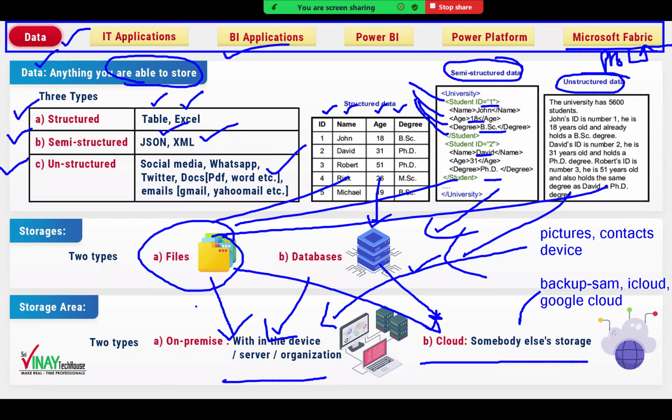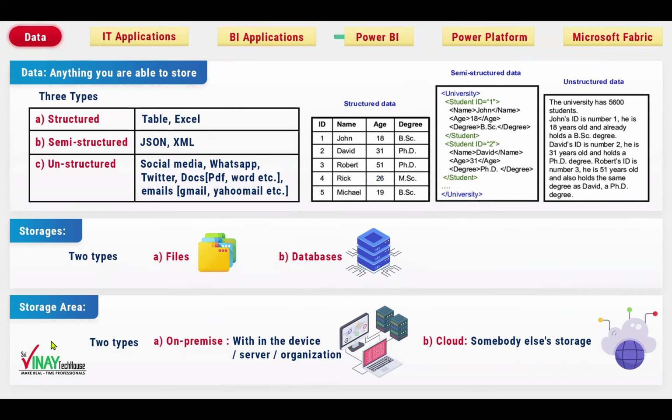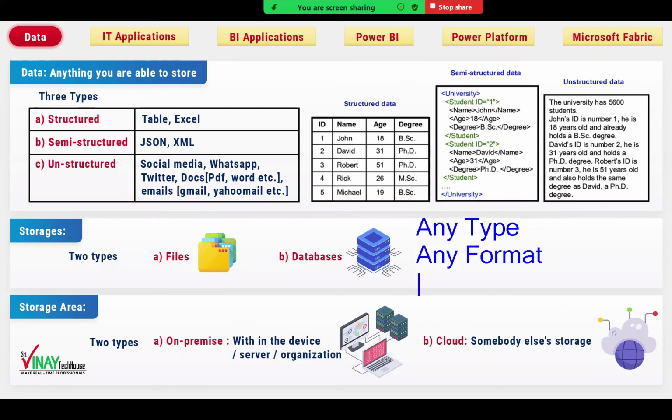These 3 types. So 3 types of data, 2 types of format, and 2 types of storage. And this, with respect to Power BI, is called any type, any format, and any storage. This was an initial slogan that attracted everyone.